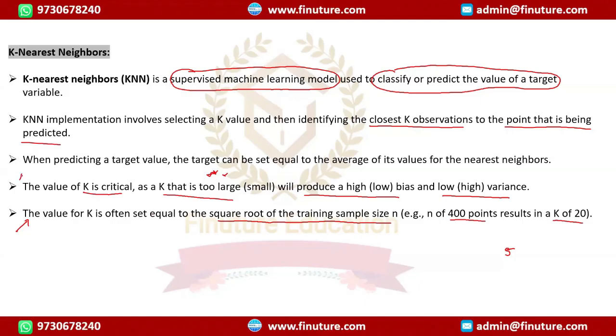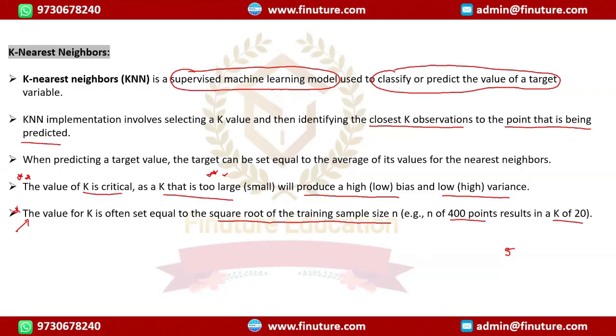Now this point is very important. From an exam point of view, the last two points are important: choosing a value of k, and the value of k is critical. A k that is too large will produce high bias and low variance. Can you tell me, high bias, low variance, is it overfitting or underfitting?